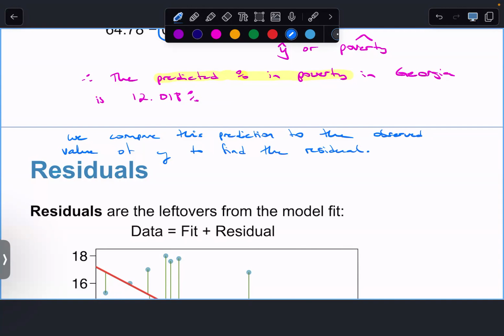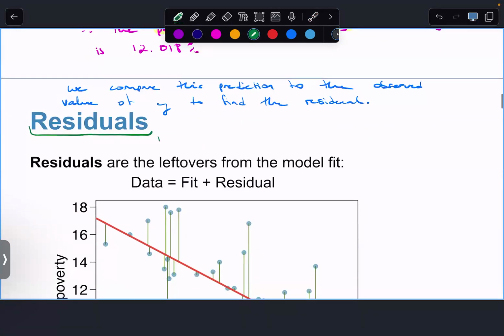So really what you're minimizing are the residuals. And so the line of best fit minimizes the residuals.